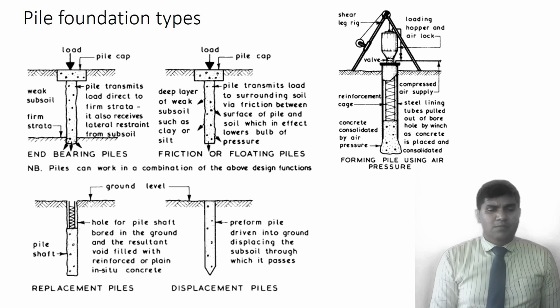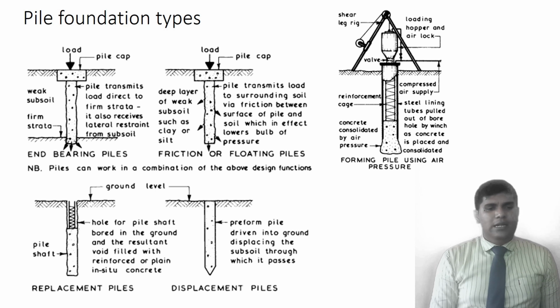According to the load transfer mechanism, pile foundations are categorized into 5. One is the end bearing piles. In the end bearing pile, loads are transferred at the tip end, at the bottom. The second one is the friction or floating piles. In this friction type of pile, load is distributed over the perimeter, over the circumference.